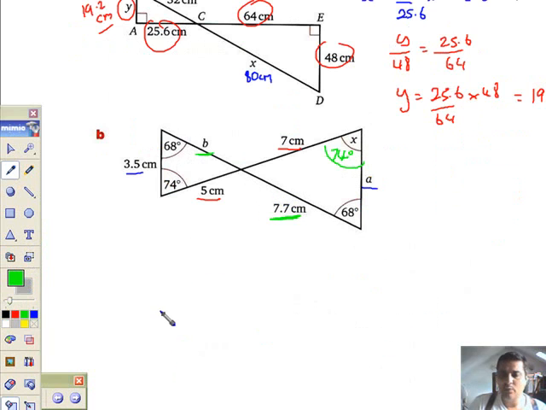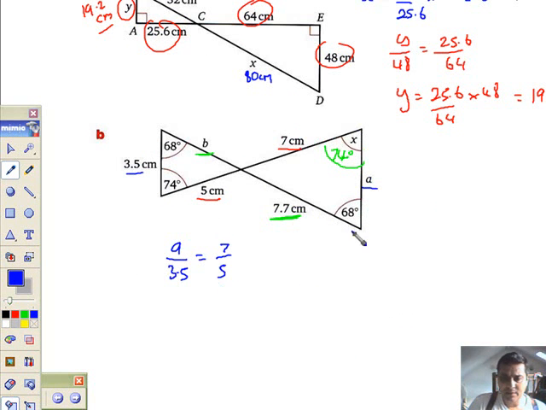No calculations required whatsoever. Now let's work out A first, and we'll do it in blue since I've coded it blue. So I want A, put it on top. So A divided by corresponding 3.5. I went big over little equals big over little. So that's going to be the 7 over the 5.